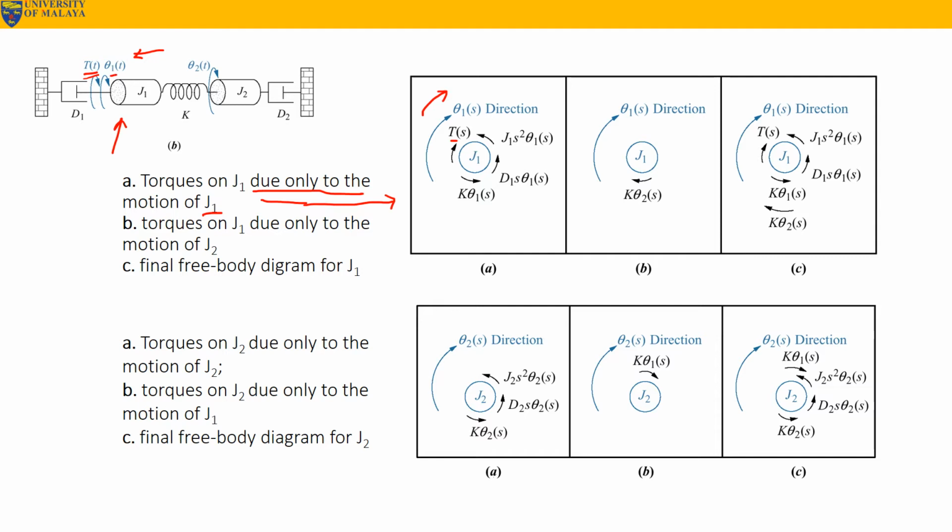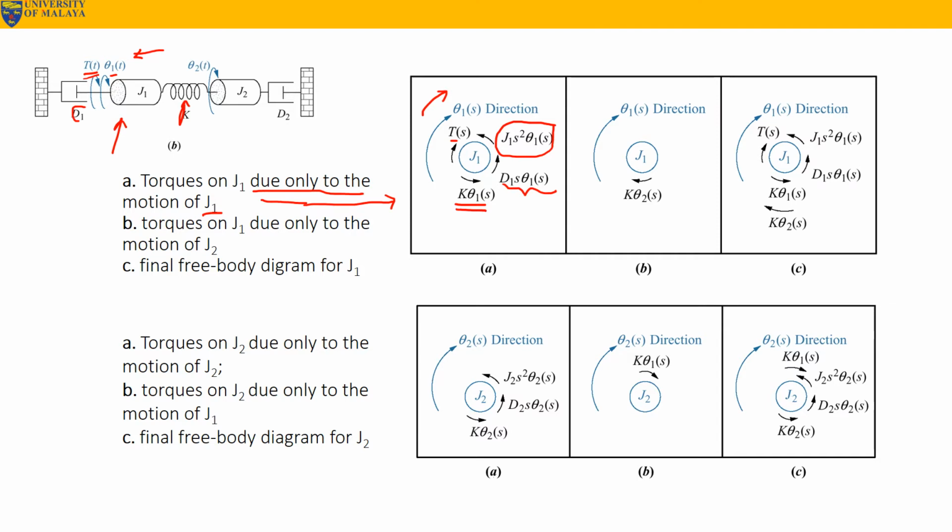Due to the input torque, we would see the impedances acting on J1. First we have the impedance from the inertia J1, given by J1 S squared theta1 of S. We would also see the impedance from the damper D1, given by D1 S theta1 of S. And finally, we would also see the impedance from the torsional spring, given by K theta1 of S. So that is figure A.